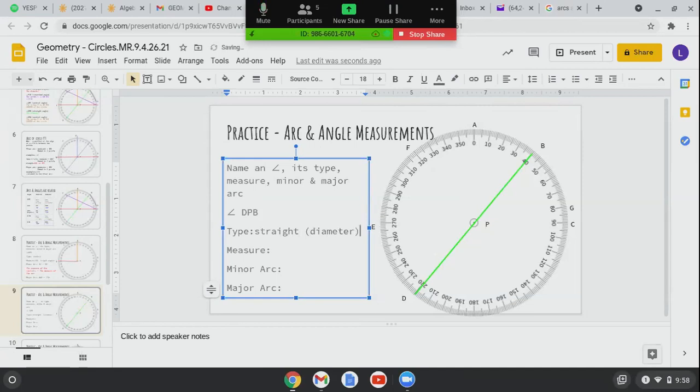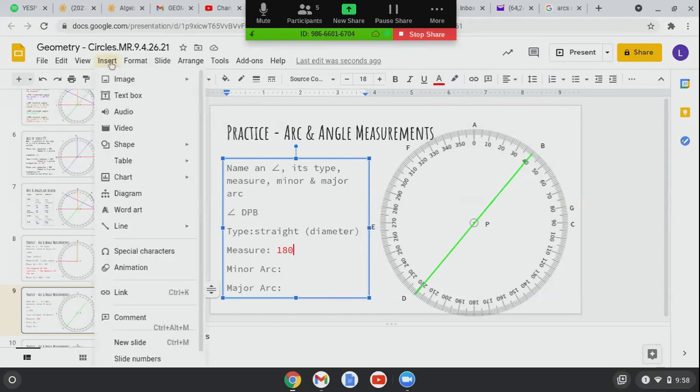All right, so what's the measure of a straight angle? How much does it measure? That's 180, right? Because it's going through the circle. Yep, it's 180 degrees. And again, it is a semicircle.